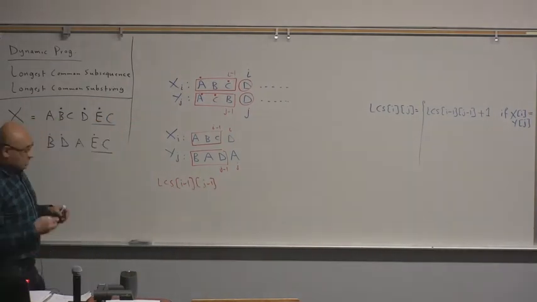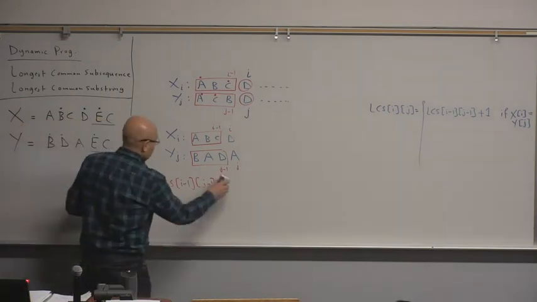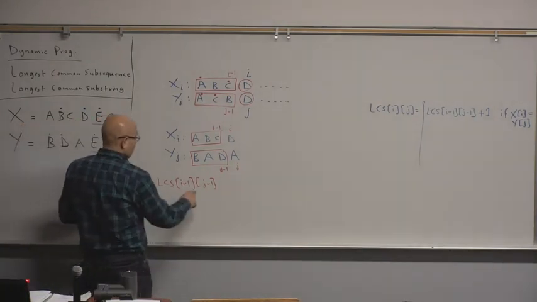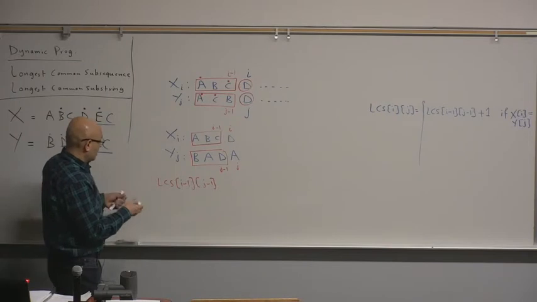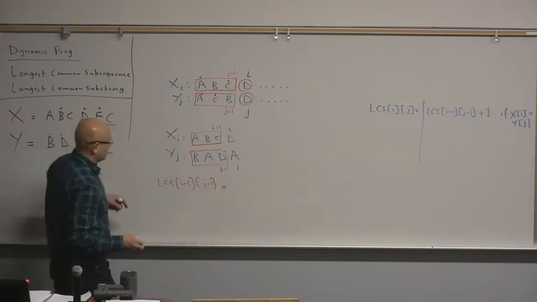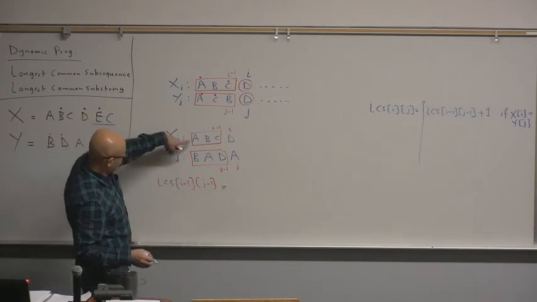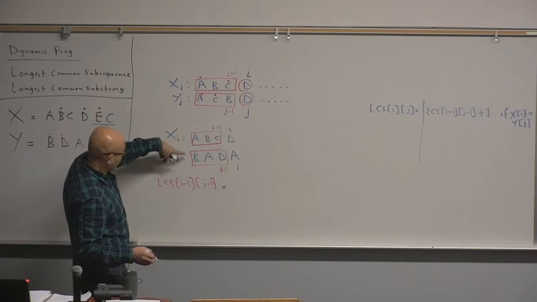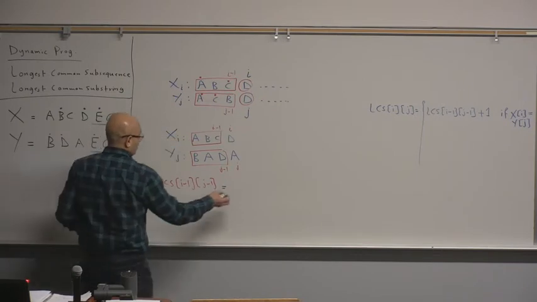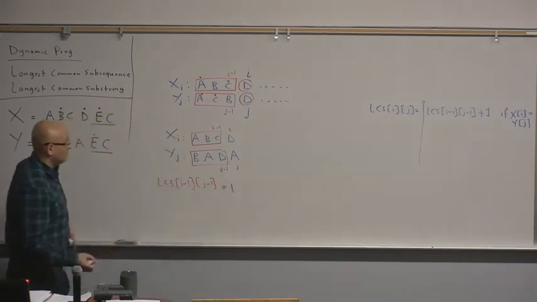Okay, so now let's look at this. Let's look at the longest common subsequence between I minus 1 and J minus 1. What's the length of this subsequence? So in this case, you have A, B. So the length is going to be 1, right? Between this and this.